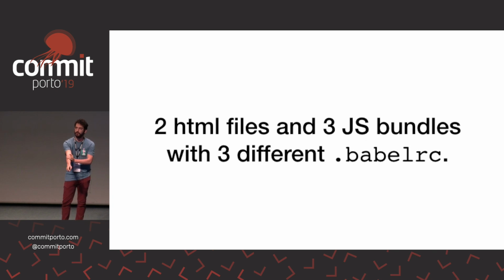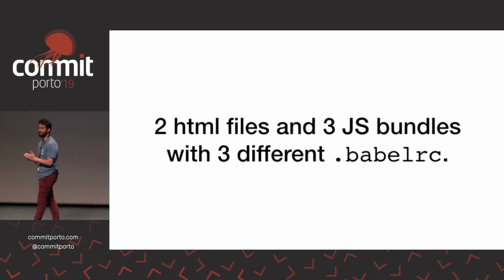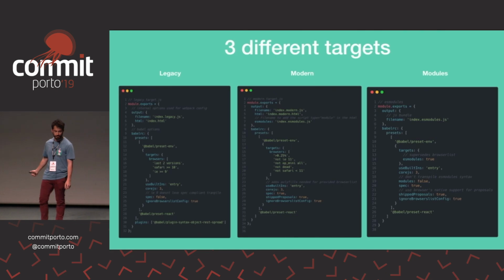Okay, so going back to splitting your application in different bundles, I made this example where the idea is to have two HTML files and 3 different JavaScript bundles with 3 different Babel configurations.